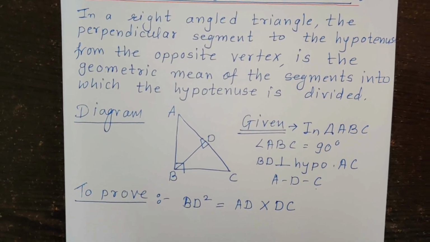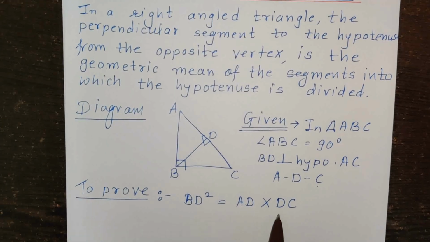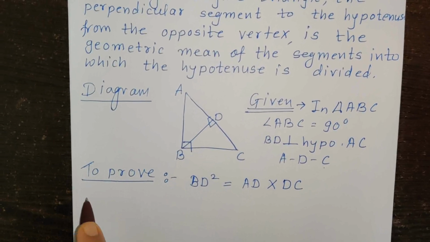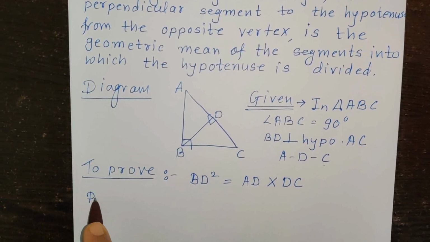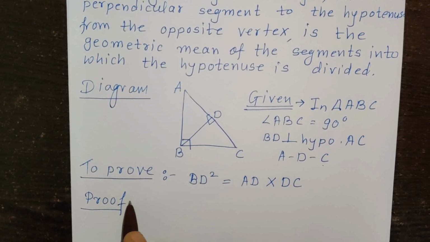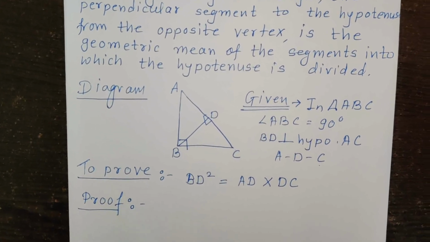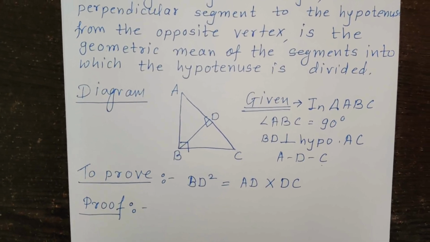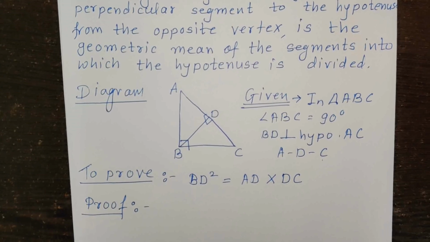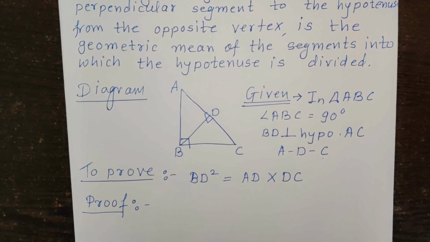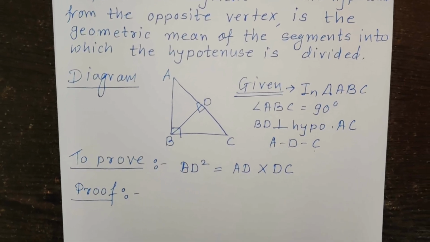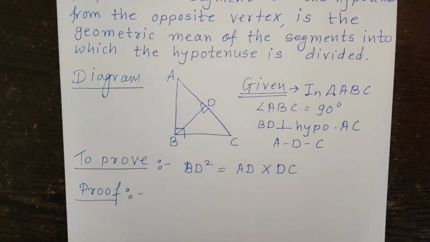To prove this, we will write the proof here. It is a simple proof, but this theorem, the geometric mean, and the statement are very important for the next part of this lesson, and also to solve the different examples from the exercise. So see how you get the proof.